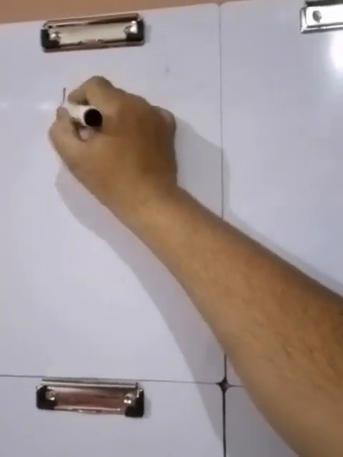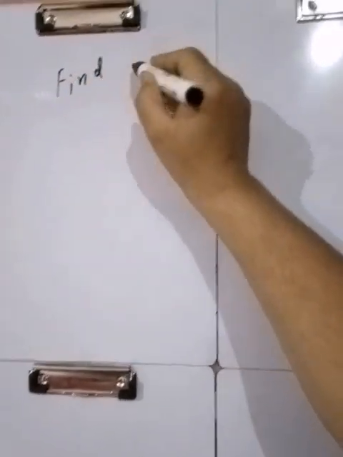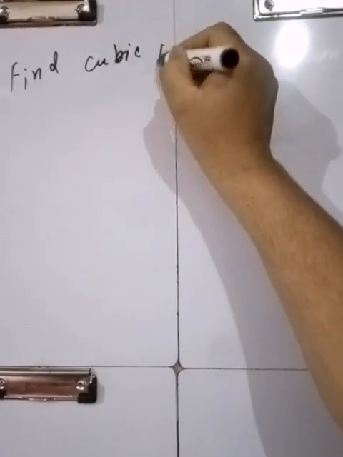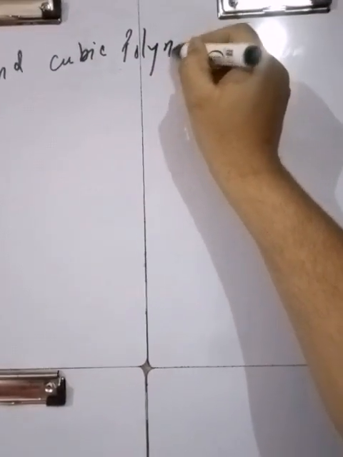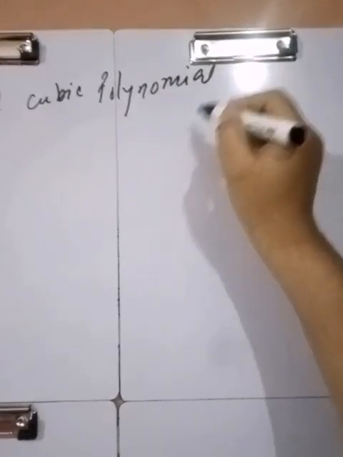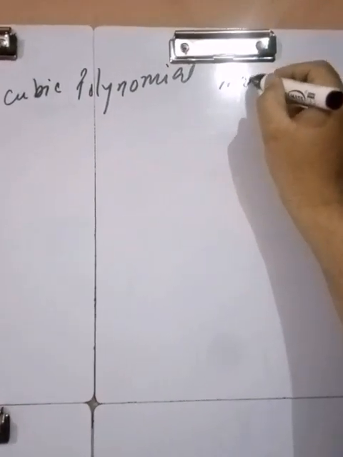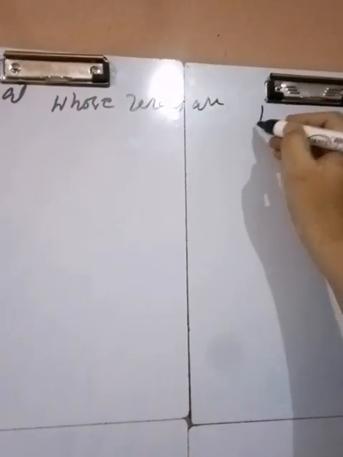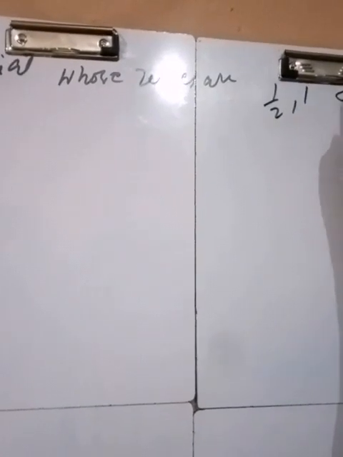Find a cubic polynomial whose zeros are 1 by 2, 1 and minus 3. These three zeros are given.